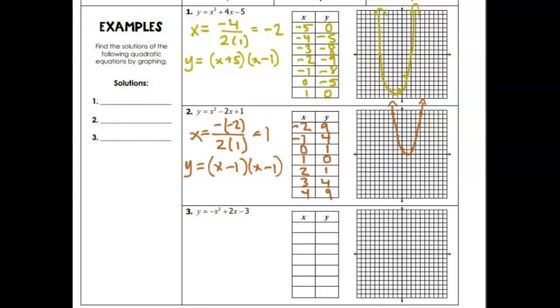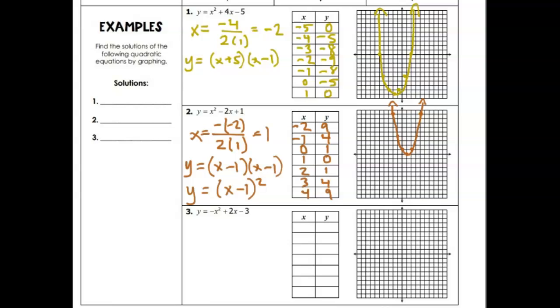In mathematics, we wouldn't write it as two separate terms. If they're the same, we would write them in exponent form, which is x minus 1 squared. Notice that that is identical to vertex form.